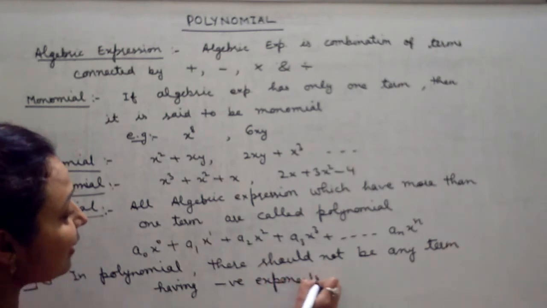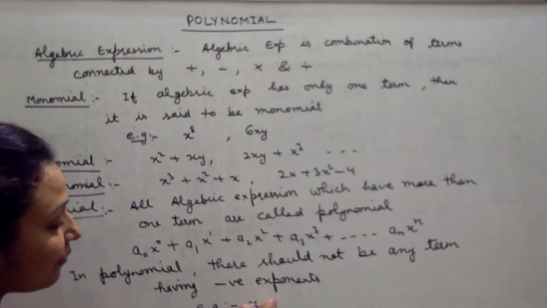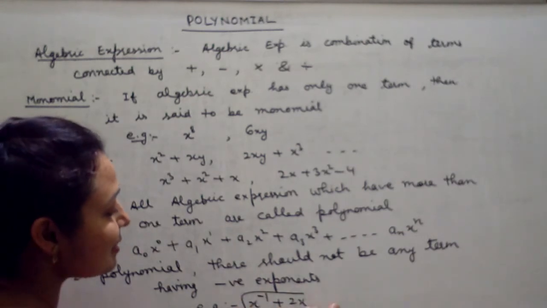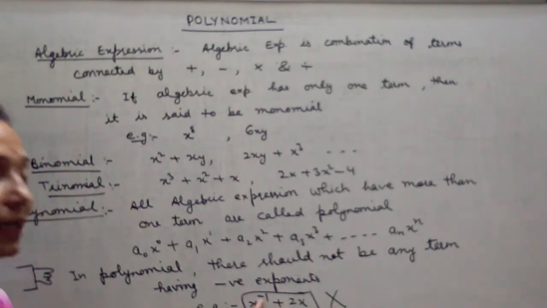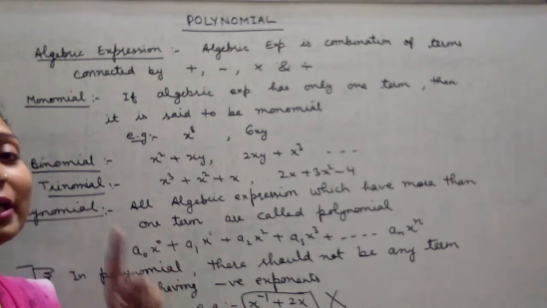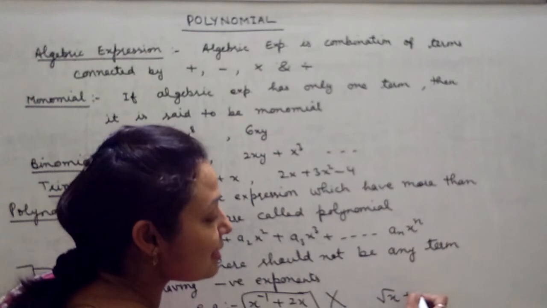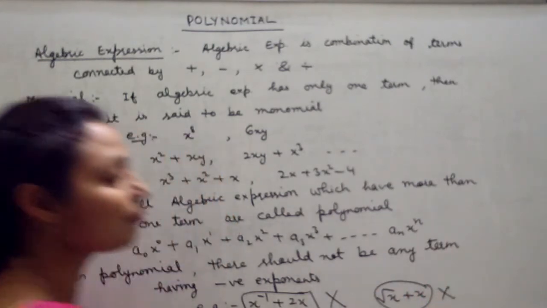For example, x raised to negative 1 plus 2x is not a polynomial because it has a negative exponent. The power should not be a fraction either, so that is also not a polynomial.